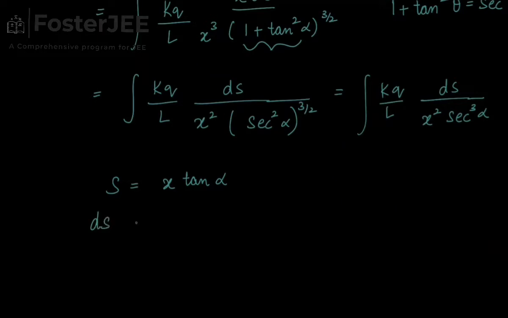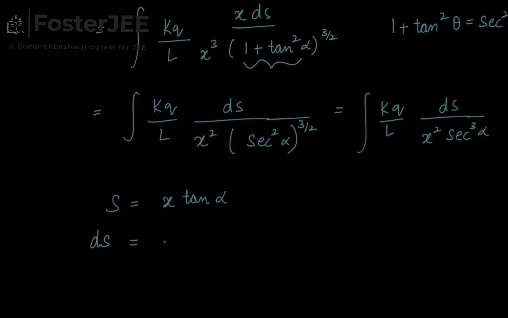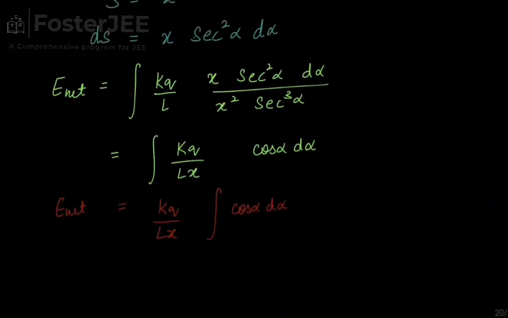Differentiating this equation, we get ds as x times differentiation of tan alpha, that is sec square alpha, and also d alpha will come.